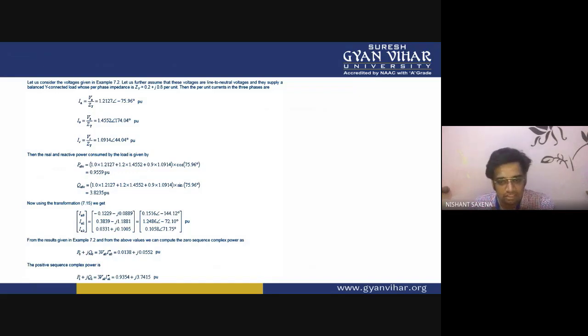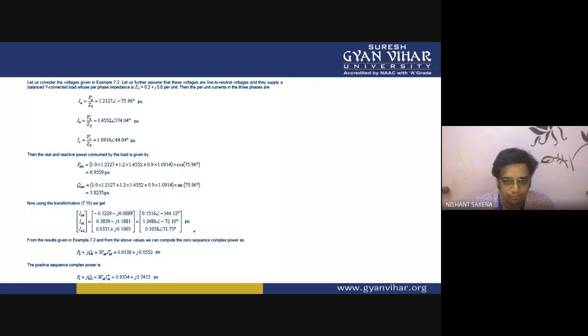Now, the three-phase power in the originally unbalanced system is given by this equation 7.16, where PABC plus j QABC are the real and the reactive powers for a three-phase system.